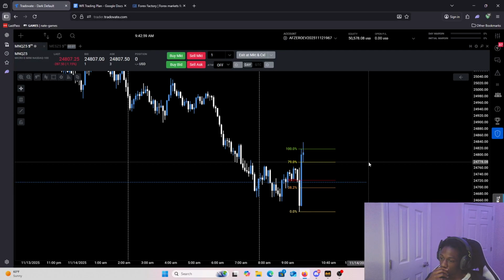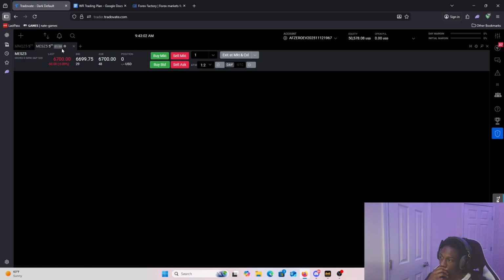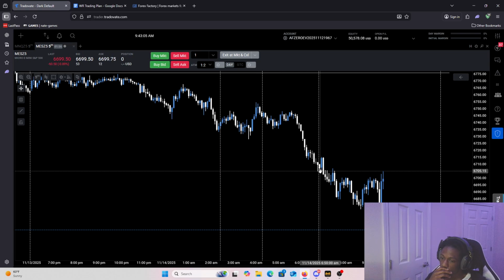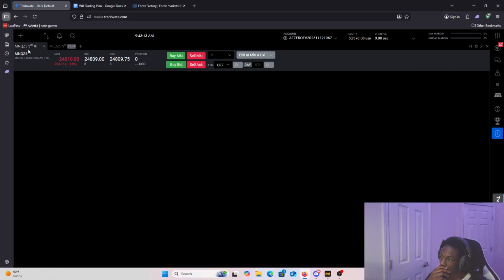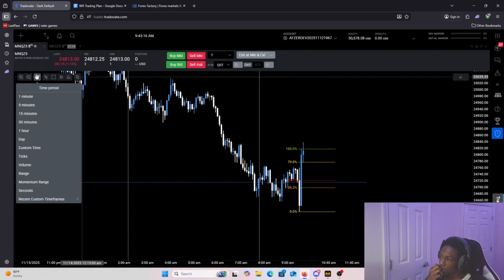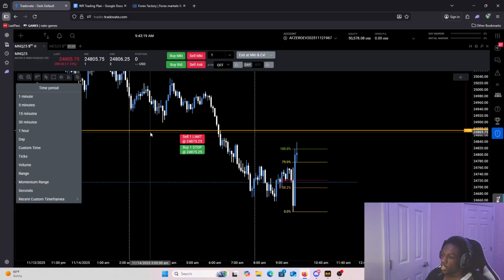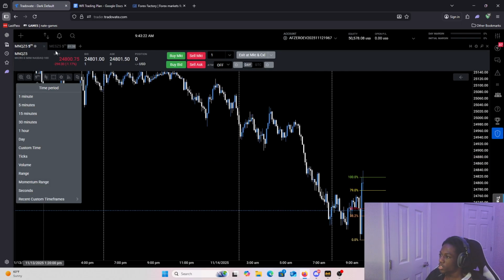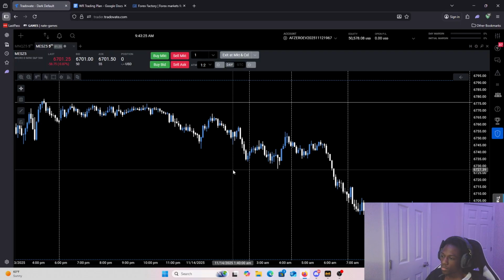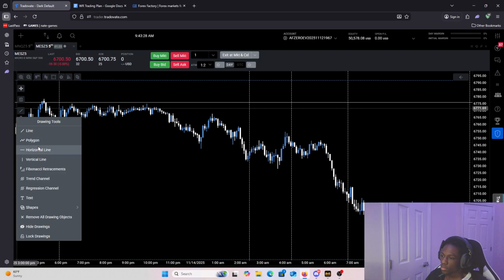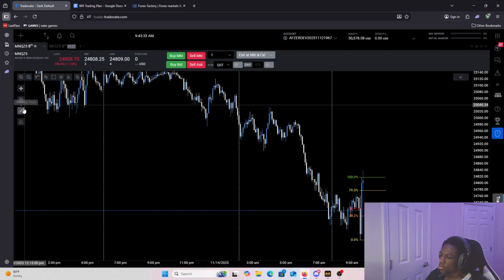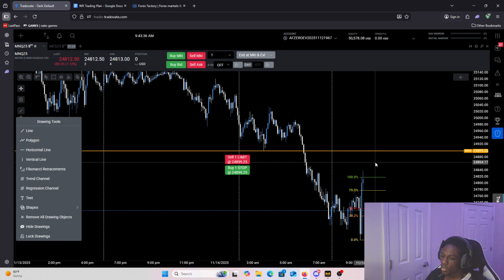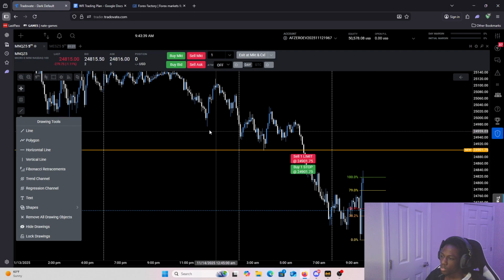There's just no reason to hop in too early. Well, ES is actually about to break. I think NQ's draws on liquidity are closer though, right? Or was it ES? I believe ES's draws are closer.